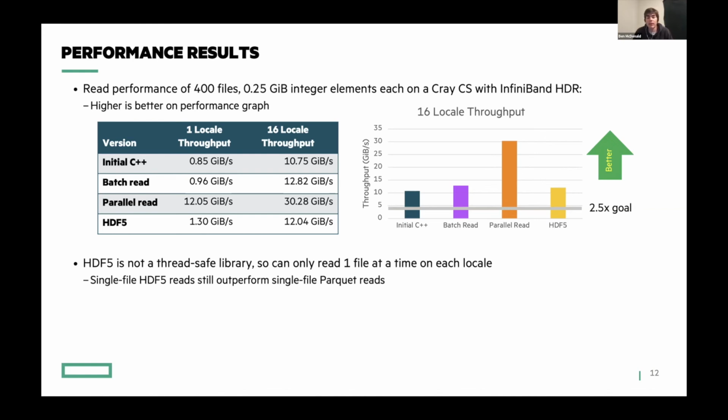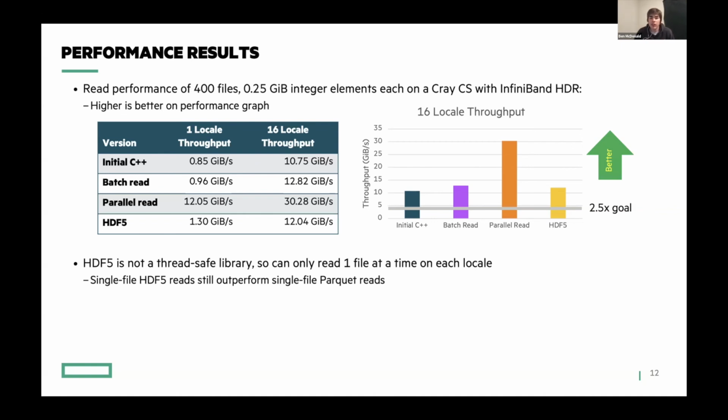So HDF5 can only read a single file at a time on each locale, whereas Parquet didn't have that same limitation. In this case, where we're reading 400 files on 16 locales, what's essentially going on behind the scenes is each locale is reading in 25 files concurrently. Each locale is reading a bunch of files at the same time, and that can't be done in HDF5, where each process can only read a single file.